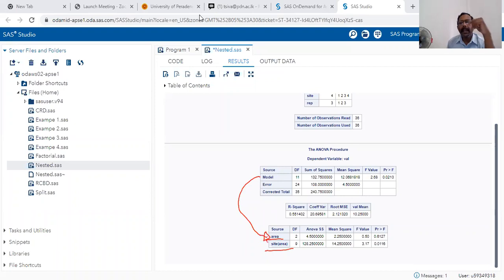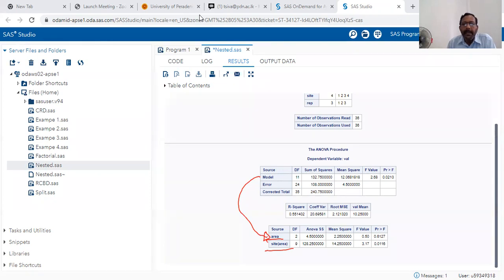Area, site within the area. We are cross-checking with our answer that we have already done in our class, so that everyone knows what we are doing, right? We have the degrees of freedom 2 for area, degrees of freedom 9 for site within the area.